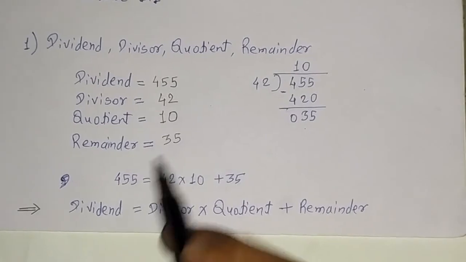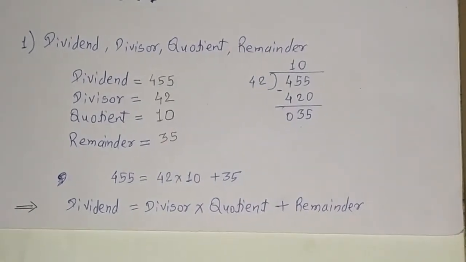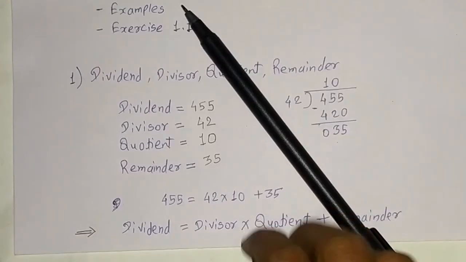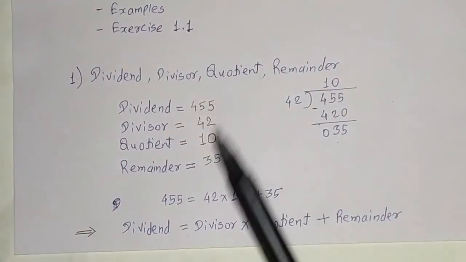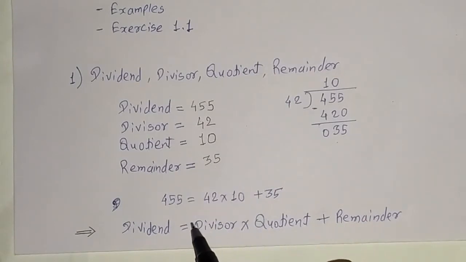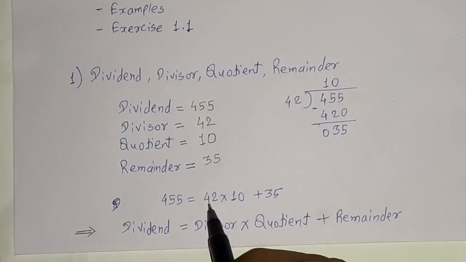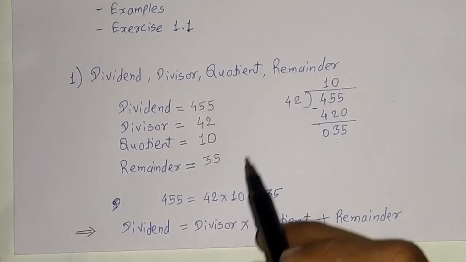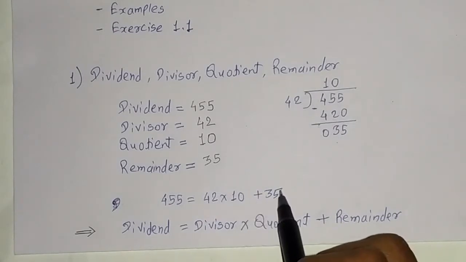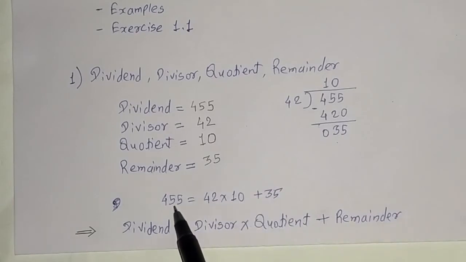So what is the dividend here? It is 455. Again understand that dividend equal to 455, divisor is 42, quotient is 10, remainder is 35.